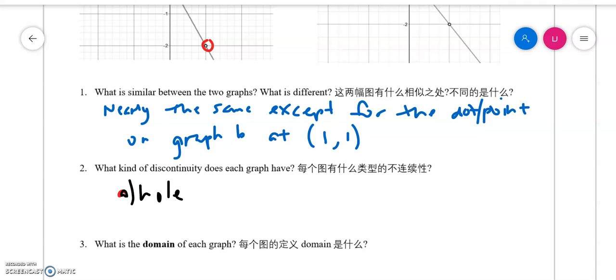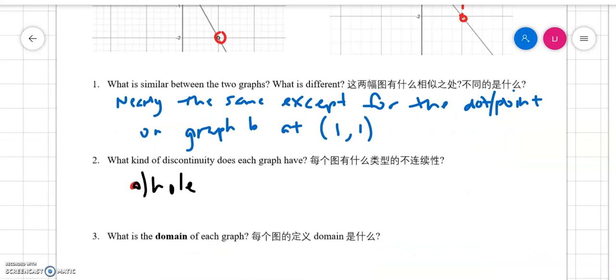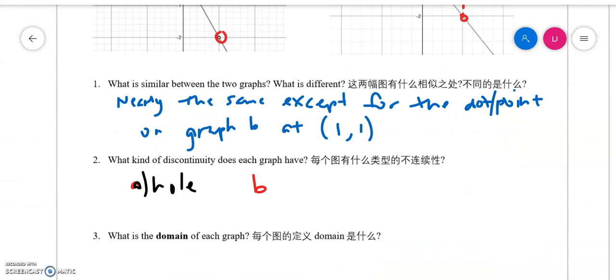All right, graph B is the discontinuity that sometimes gets confusing, because when we think, oh, it's a hole, right? Because it's got this hole here and it doesn't really jump around, except this is actually another version of a jump. So whenever you have a hole, but the value is somewhere else, the value has basically jumped somewhere else, this is actually a jump. So graph B has a jump discontinuity.